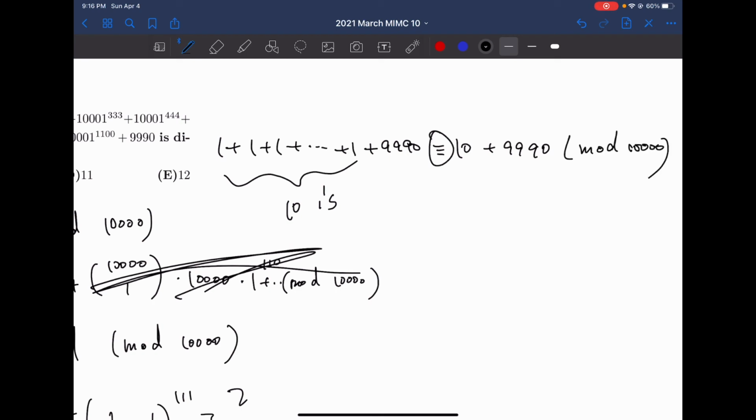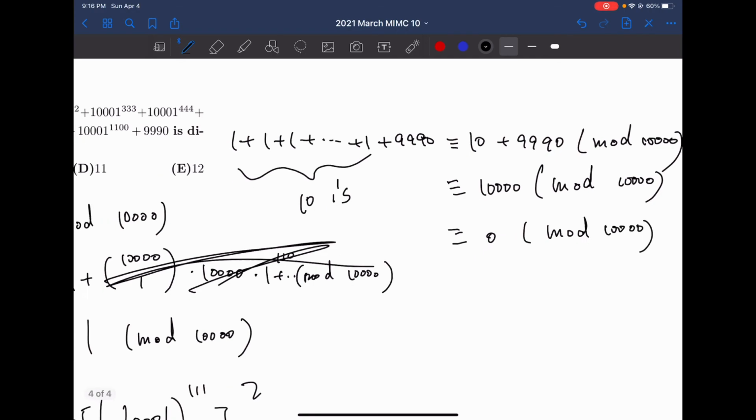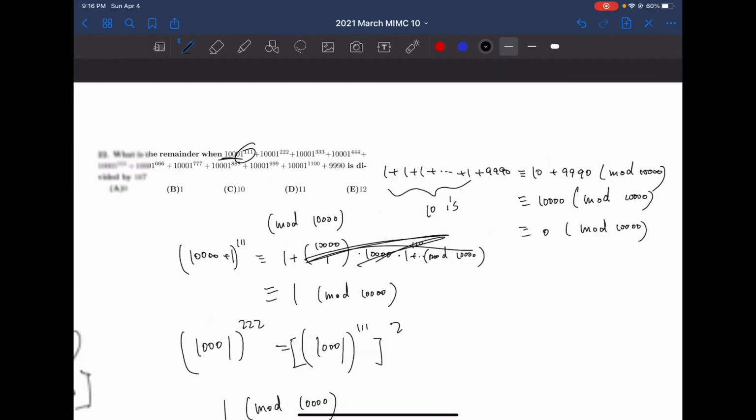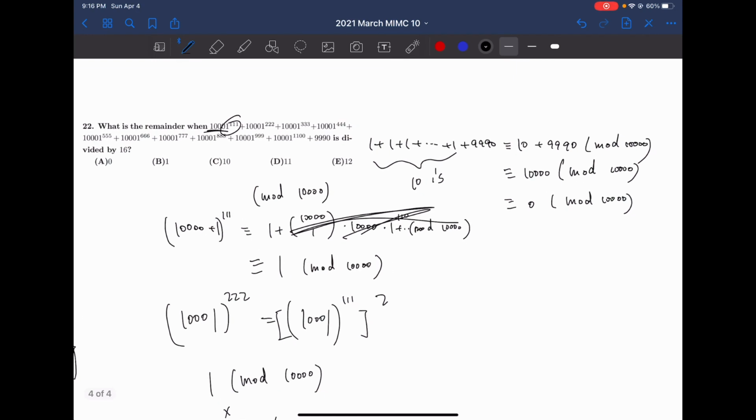That would be 10,000 mod 10,000, or 0 mod 10,000. And that also shows us that this expression is divisible by 16. So our answer would be A, 0.